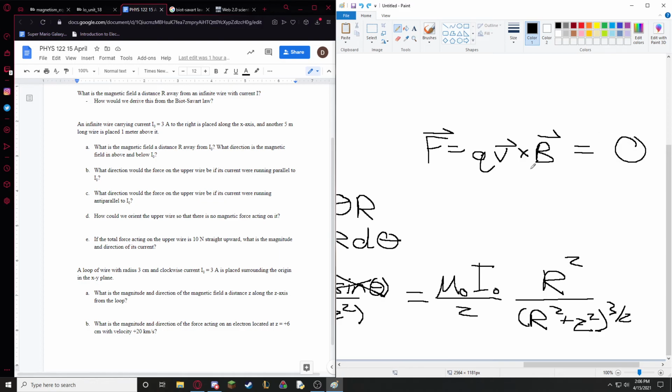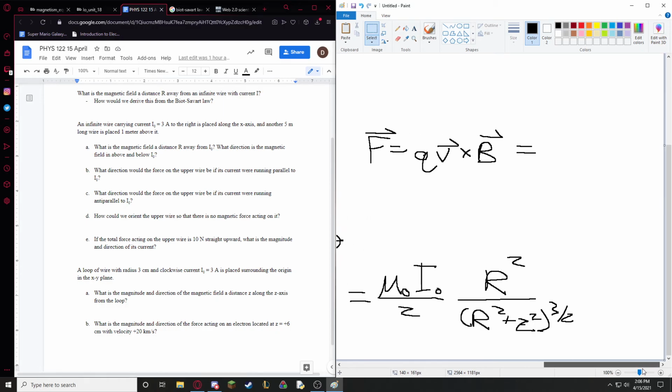So we know the force is QV cross B. And so we know that that can simplify to Q times V times B times the sine of theta, right? What's our angle theta between the velocity and the magnetic field? Magnetic field is in the negative z direction. Our velocity is in the positive x direction.